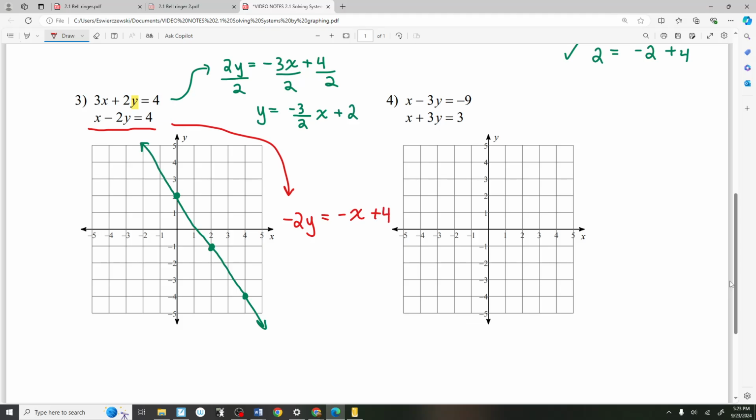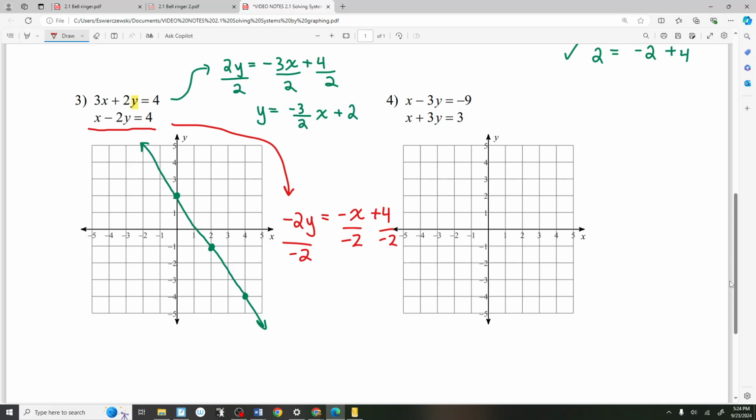The other way I tell students to think about this is if you want to move a term like positive x to the other side of an equal sign, you change the sign from positive to negative or negative to positive. So positive x became negative x when I moved it to the other side. Now the last step, divide everything by negative 2.